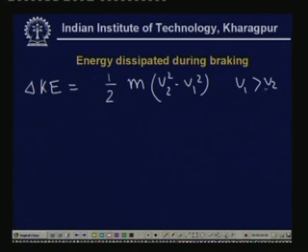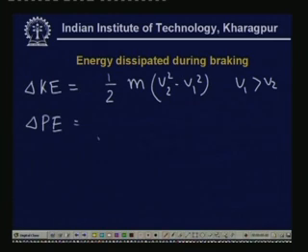So V2 is naturally lesser than V1, therefore this is a negative quantity. So delta KE is nothing but the loss in kinetic energy of the moving part, and this is for translational motion. Now sometimes we have a loss in potential energy as well.